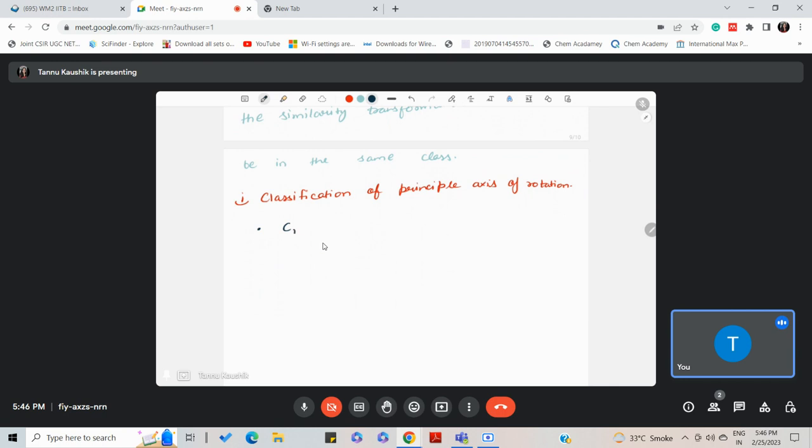So it says again, C_n^m and C_n^(n-m) will be in the same class.